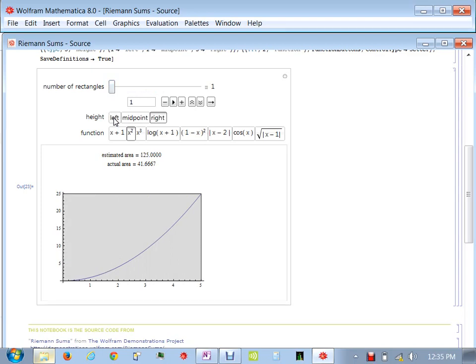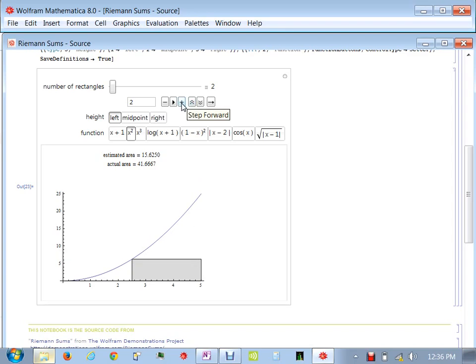Okay, now let me bring this back. Let's look at it, taking it off the left side instead. So now what I've done, instead of going out to 5 and going up and over, I've gone to the left side, up and over. But at the left it's 0, isn't it? So I don't have anything. So the area is 0. If I do 2 rectangles now, this one is on the left side, I went up and over, but it's 0. Here I went to the middle, I went up and over. See that?